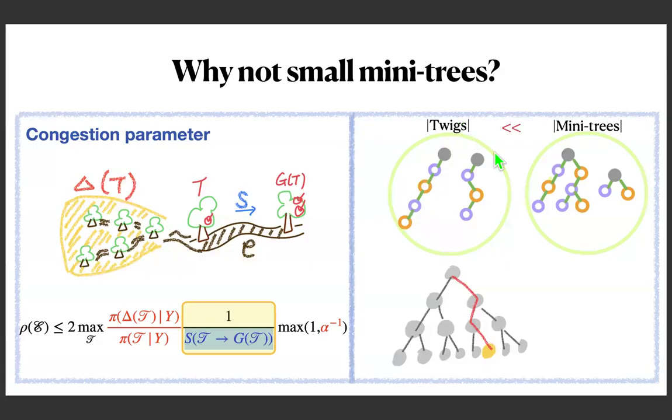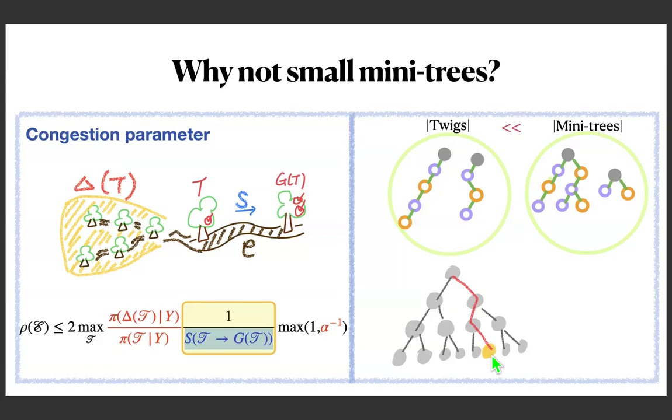But when it comes to the number of twigs, at best it's equivalent to the maximum tree size, because when we have any full size tree, whenever we grab any single node here, we can identify a single unique route to go to the root. So it really defines the twig, and therefore the number of twigs is equivalent to the maximum tree size.